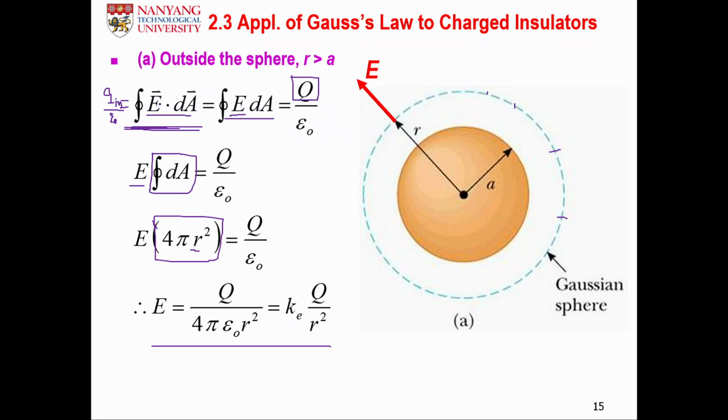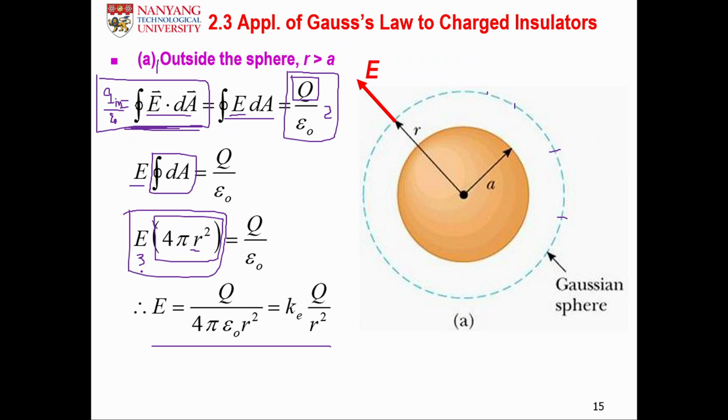First of all, of course, you need to write down this one. Step 1. And step 2, you figure out this Q in in a certain way. And step 3, you find out this integration, the integration of E dA, the mathematical solution.